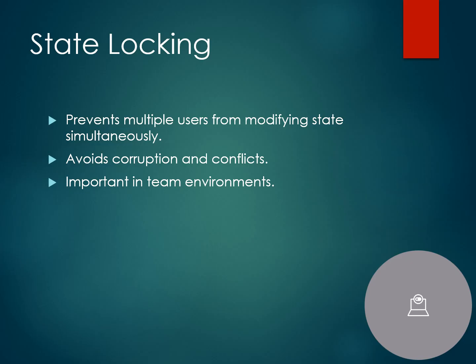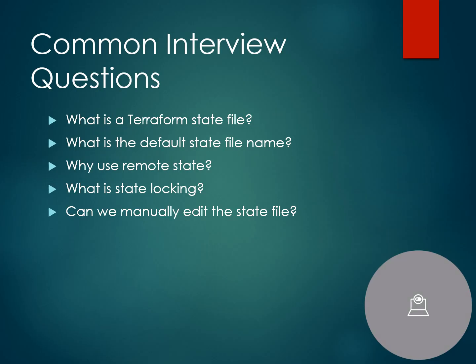So when one user runs terraform apply, Terraform will lock the state, and the other user will have to wait until the first user completes the operation. For the Azure backend, state locking is supported through Azure storage, and the benefits are that it prevents corruption, avoids conflict, and improves reliability. That's why it's important in a team environment.